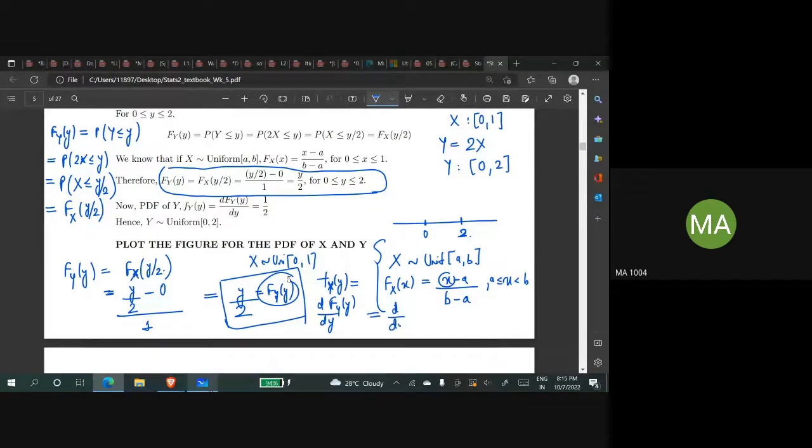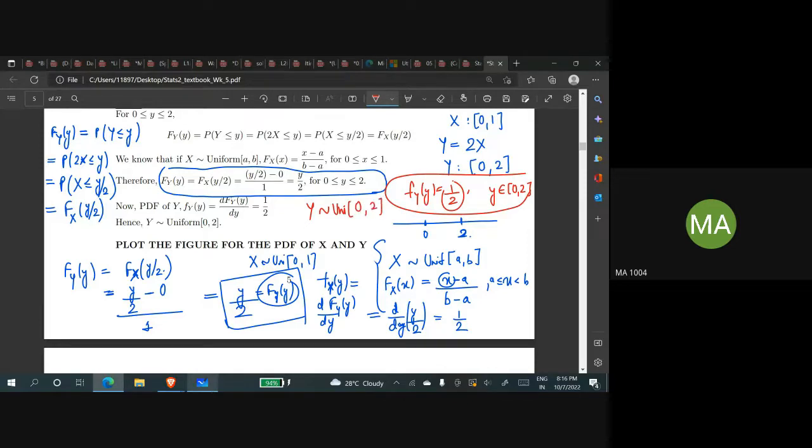So you will differentiate y by 2 with respect to y, right? And what is this differentiation? It is just 1 by 2. So what you got is fy of y to be 1 by 2, where y belongs to 0 to 2, right? So this whole thing is saying that your y is uniform in 0 to 2, right?